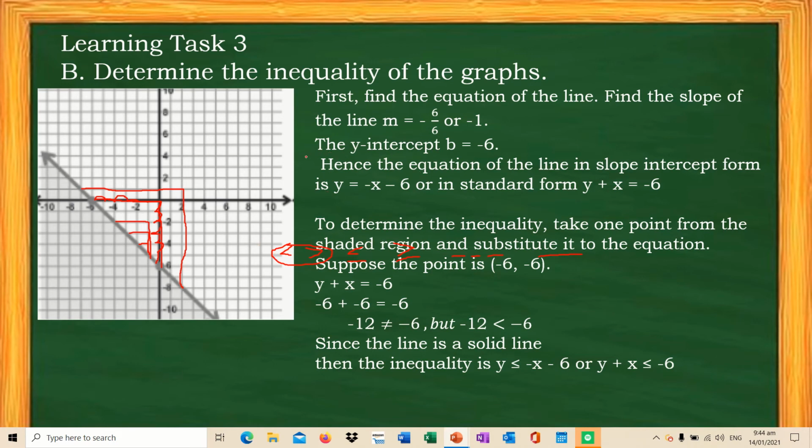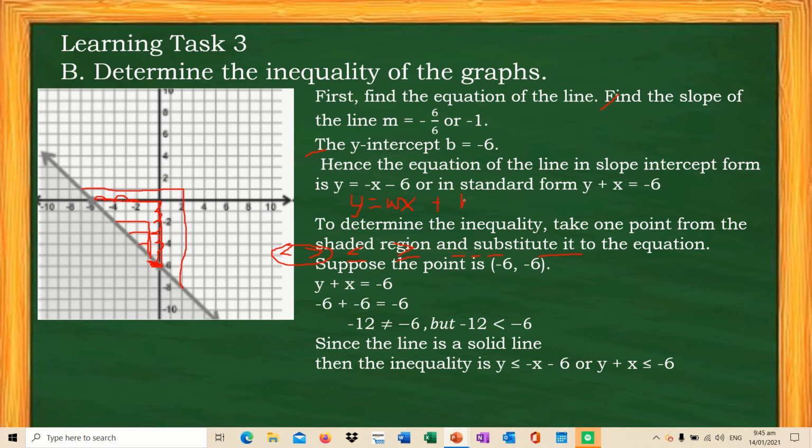Then, next step. So, yun yung ating mga step. Okay, next step. Find the y-intercept. So, ang y-intercept nyo, yung intersection ng graph sa y-axis. So, ang ating y-intercept dyan is this one. So, that is negative 6. Okay. Then, ipapalit nyo ngayon sa ating slope-intercept form. Again, that is y equals mx plus b.